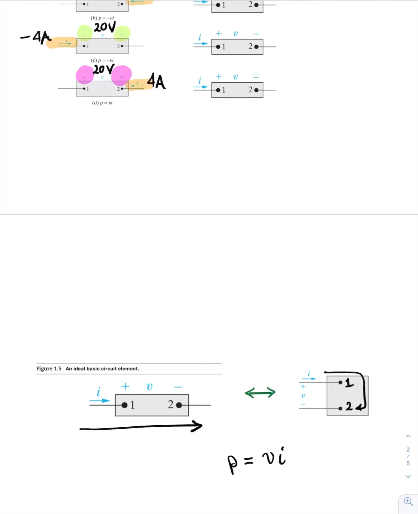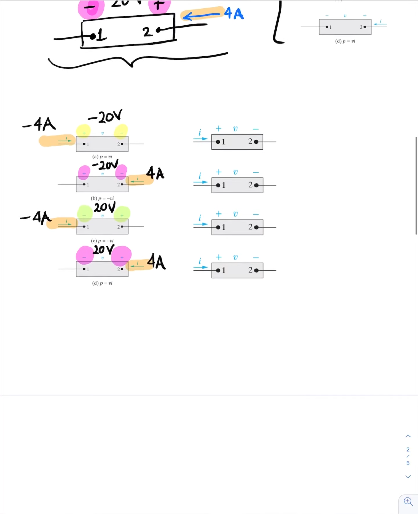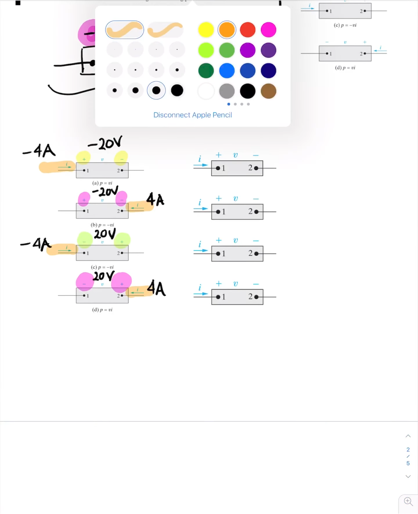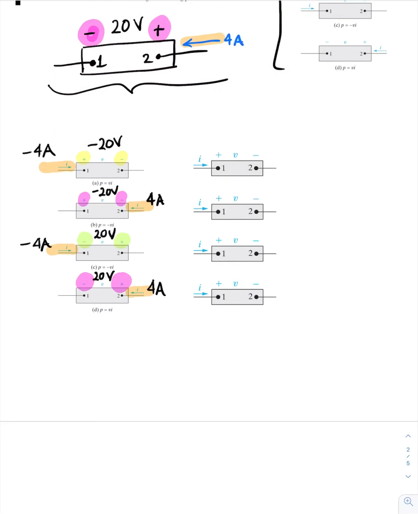So you have a couple ways of doing things here. You could use the equation associated with each configuration, or you can convert to the passive sign convention and use one equation, P equals VI.